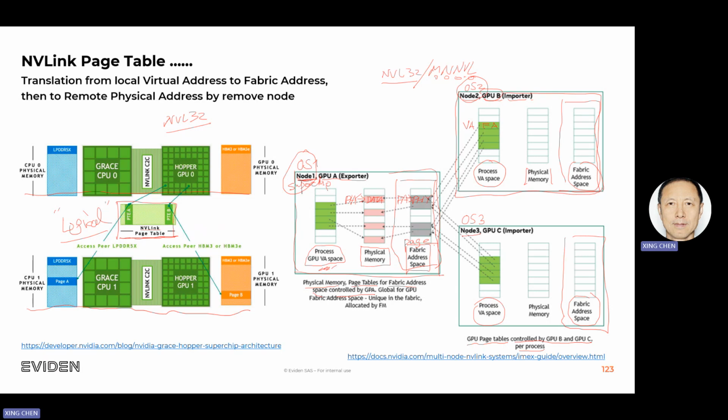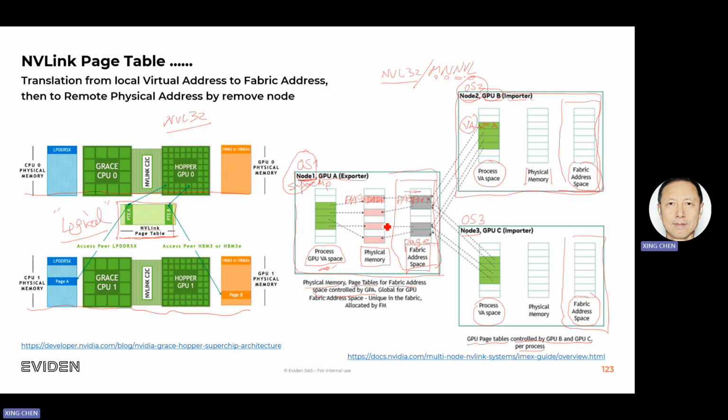Okay, so to read data from a remote node, what we need is this virtual address to fabric address translation, and then we need this fabric to physical address translation.